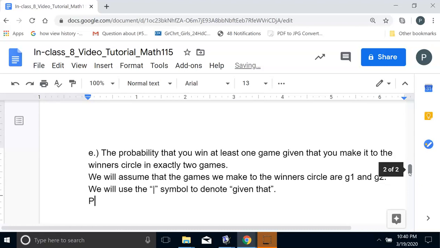So we're looking for the probability then. Well, let's first look at the probability we lose all games given that we make it to the winner circle in game 1 and game 2.